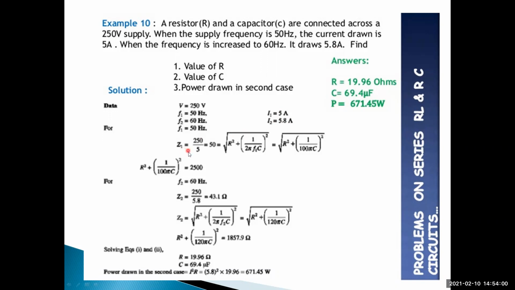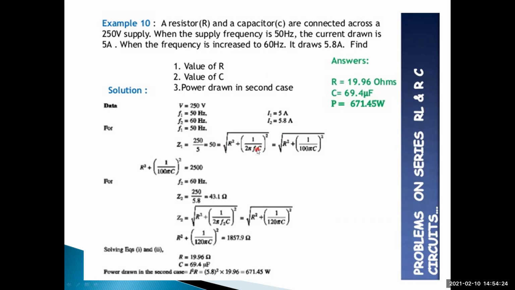So you know well, from a series RC circuit, Z is equal to V by I. So total voltage divided by current drawn from the circuit: 250 by 5, that is equal to 50. So Z is equal to root of R square plus XC square.